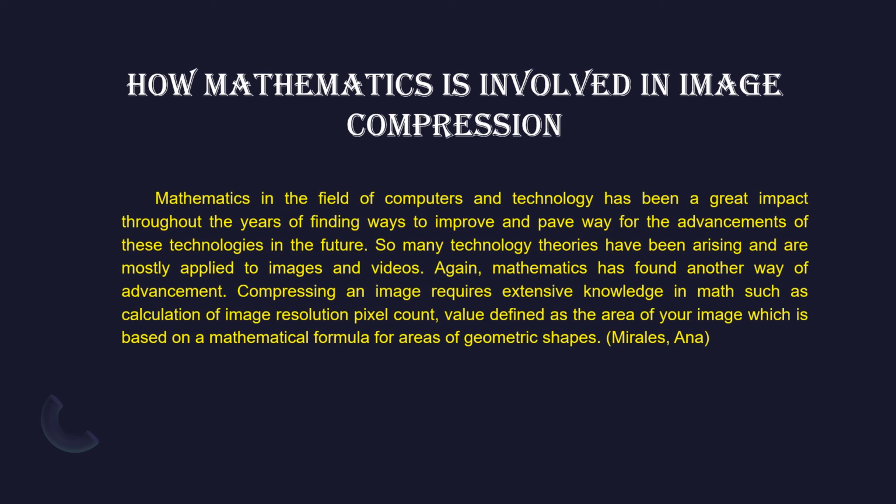You might be wondering how mathematics is further involved in image compression, other than simply calculating some simple geometric ideas. Furthermore, if you hear the word data compression, specifically image compression, it may sound simple. But the bigger question is, how do they do it? This is where mathematics comes in.